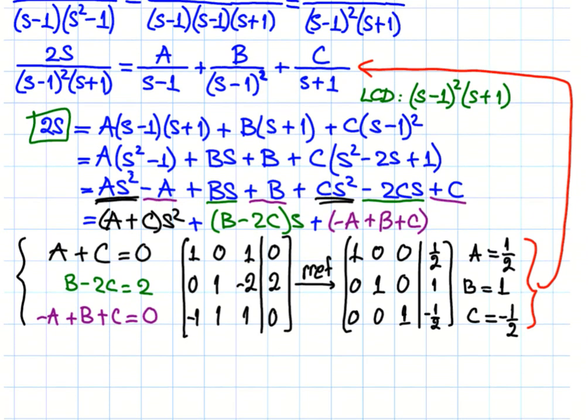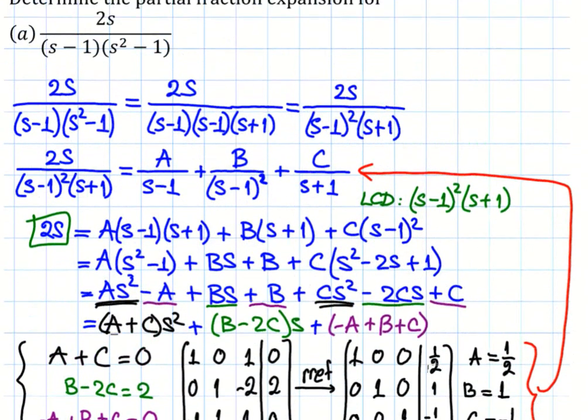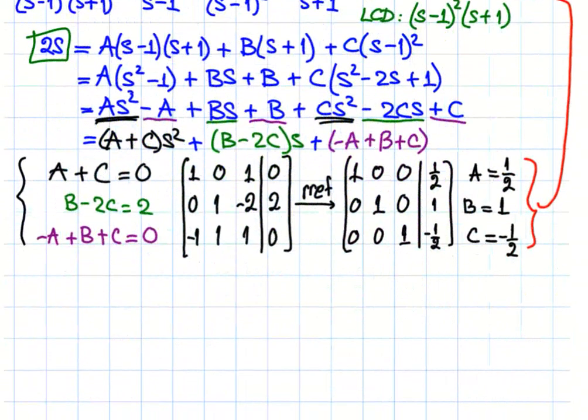So let's just write. On the left hand side, we can start from the beginning, the original problem. So that will be 2s over s minus 1, s squared minus 1.